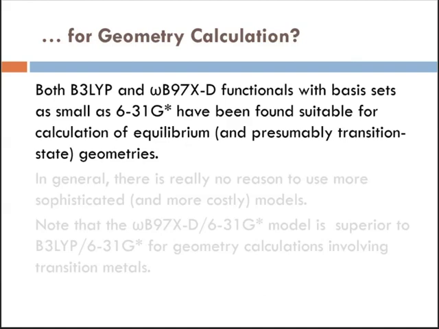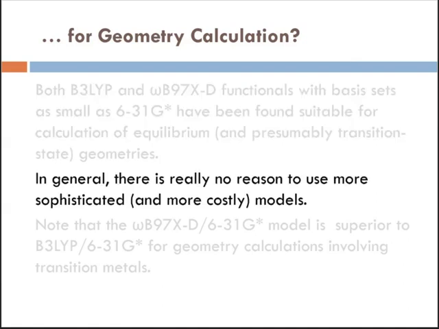Depending on the task, you can get away with different functionals. Geometry is very easy. It's one of those properties that's quite simple to get accurately. Almost any functional will do a good job. B3LYP is perfectly fine with basis sets as small as this one.